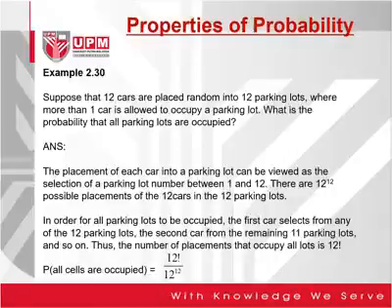When you come to the second parking lot, you have already parked one car in the first, so you only have 11 cars in your hand, so 11 choices, then 10 choices, 9 choices, 8 choices, until the last one, where you only have one car in your hand. So it's 12 multiplied by 11 multiplied by 10 and so on, which is equal to 12 factorial. This is how we build the answer.